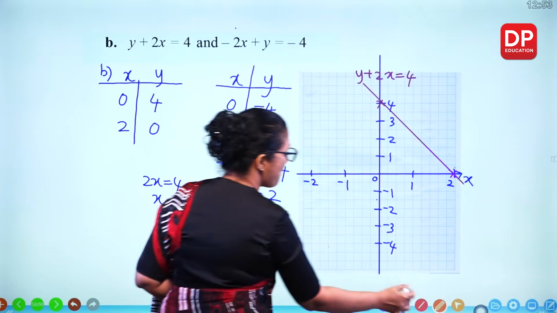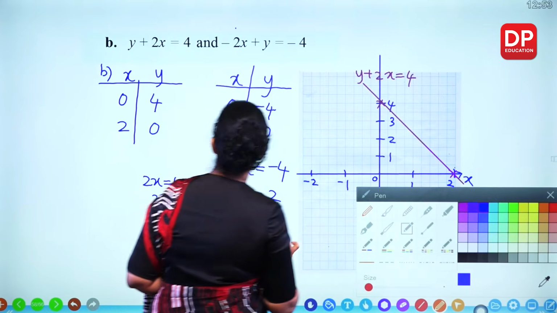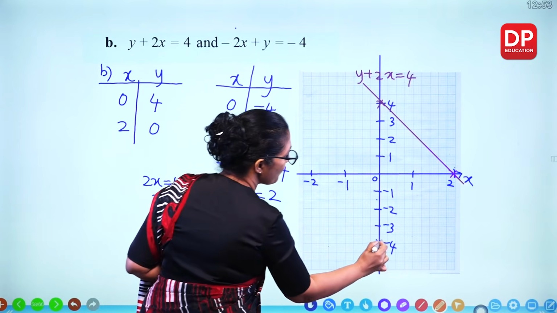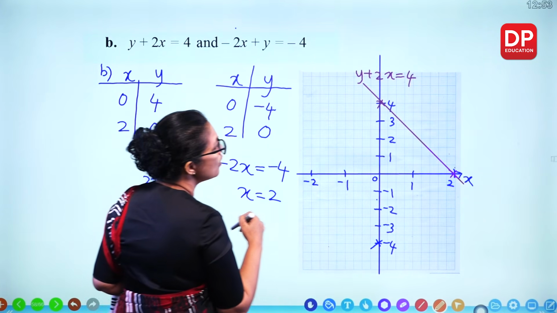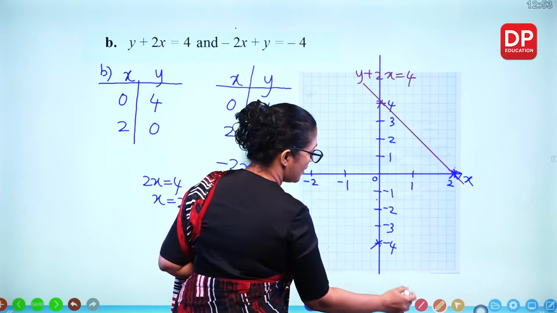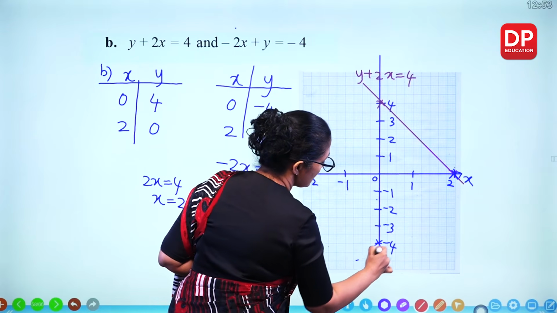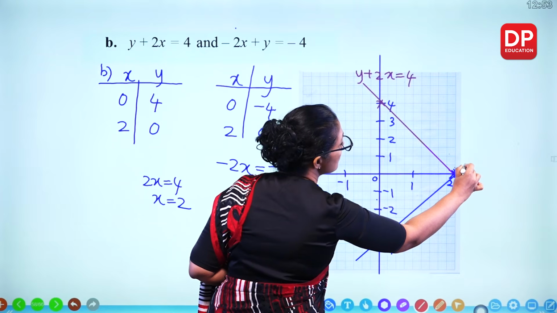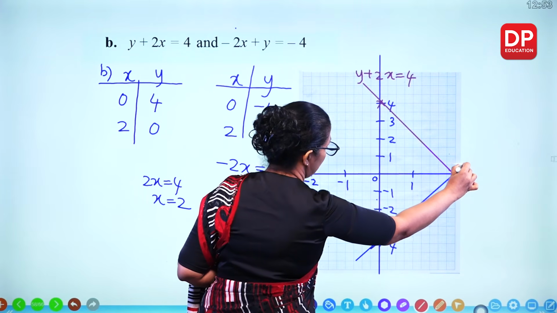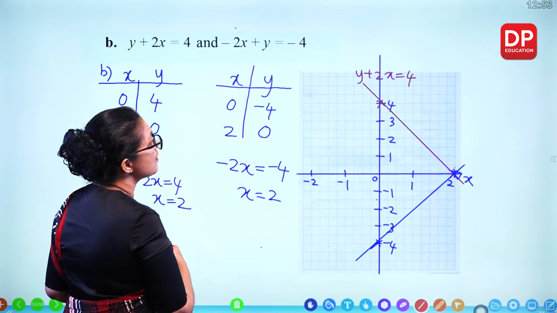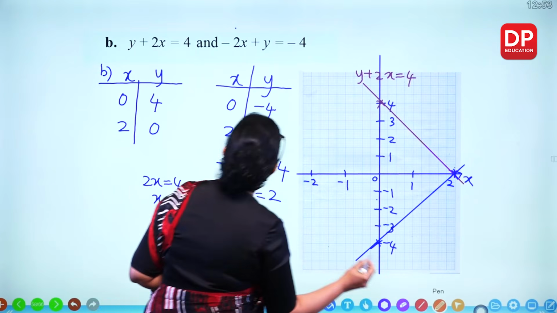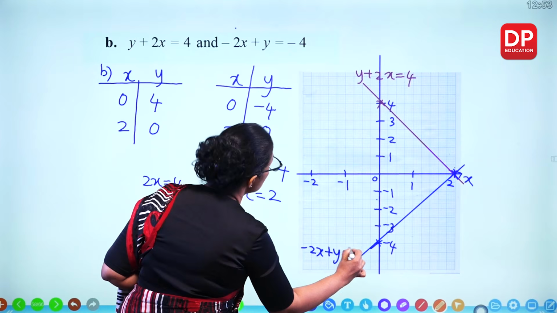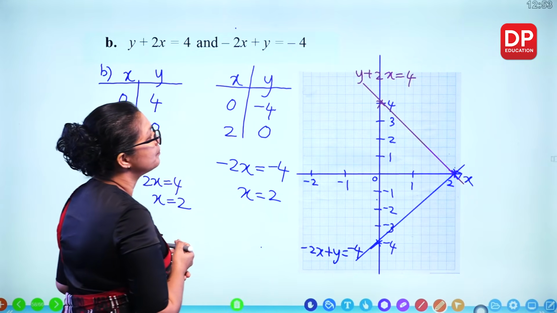Other one. 0 minus 4. Here 2, 0. Here. Now connect these 2 points. You get this graph. So what's the graph? Y minus 2x plus y equals minus 4.